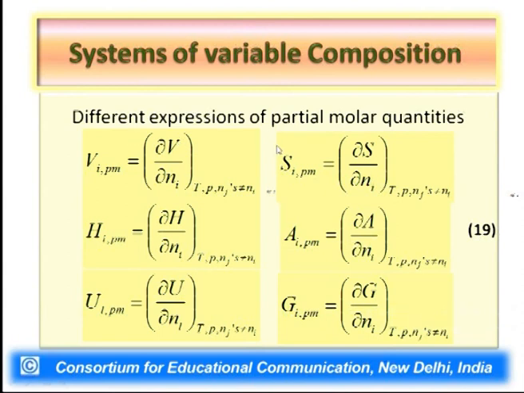Now, as you had already seen, we can define expressions for partial molar quantities also for Helmholtz free energy, Gibbs free energy, internal energy. For volume we can say V_i, partial molar volume, is the increase in volume of the system when an infinitesimal number of moles of component i is added under condition of constant temperature, pressure and N_j's, where j is not equal to i.